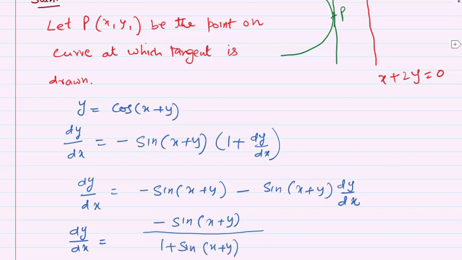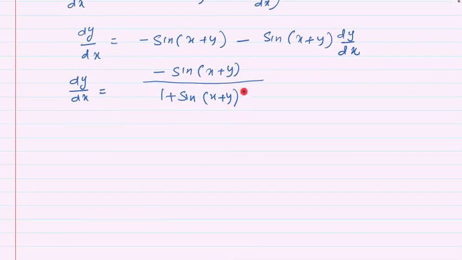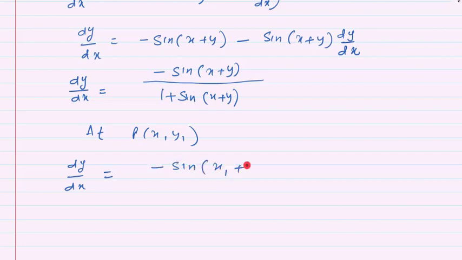This is at any point. We are not taking it as (x1, y1). We can now calculate this at (x1, y1). So at P(x1, y1), the slope will be dy upon dx is equal to minus sin(x1 plus y1) upon (1 plus sin(x1 plus y1)).